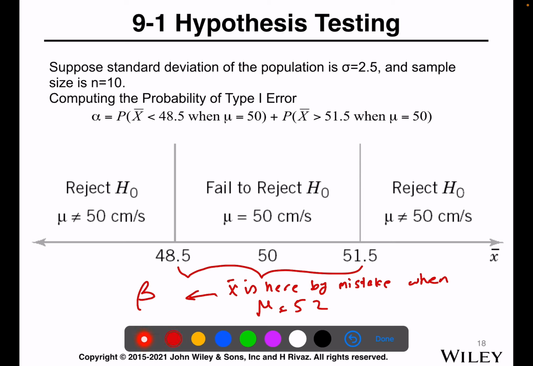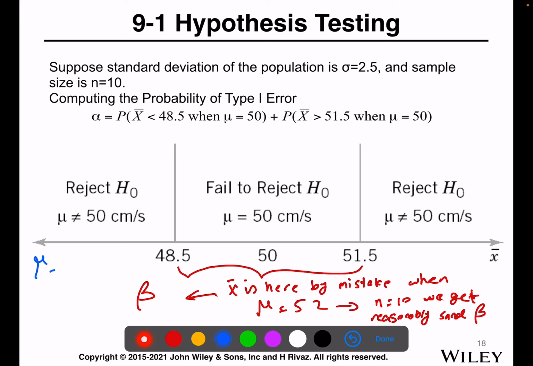So let's say that with n equal to 10, we get a reasonably small beta, right? But let's say that your mu is actually not 52.